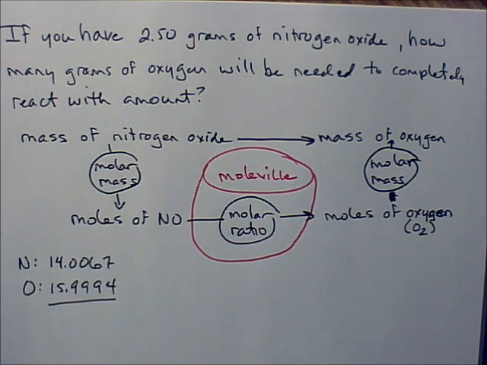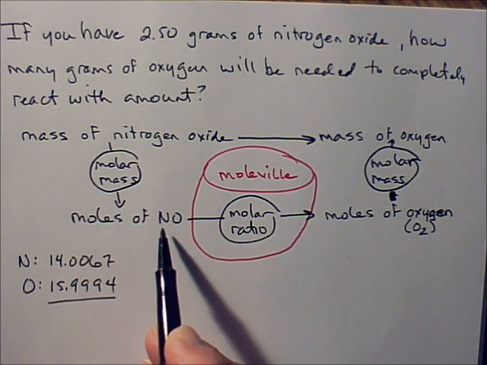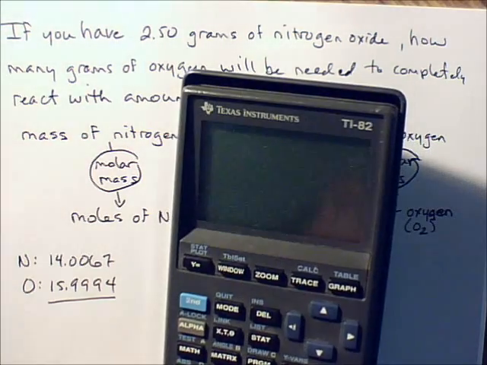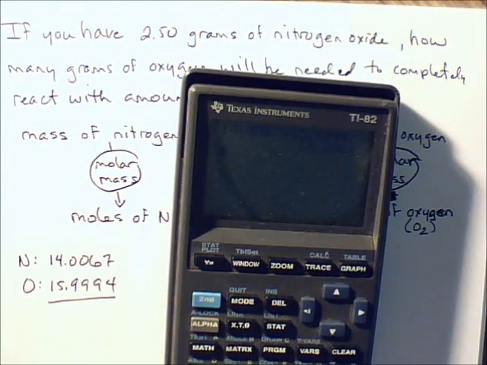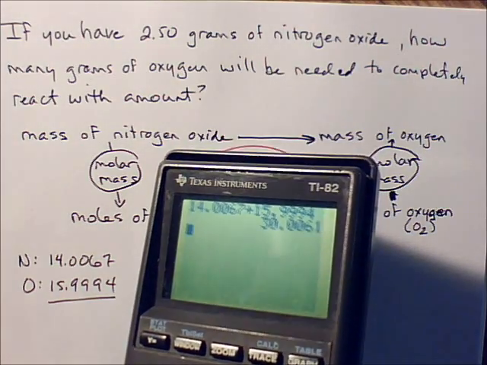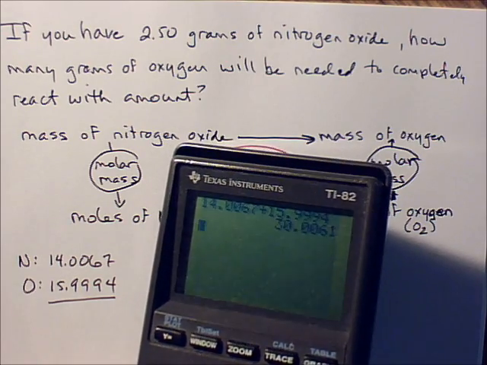It's the sum of all the atomic masses of all the atoms in the formula, and the atoms in the formula are 1 nitrogen and 1 oxygen. Then we get out our trusty calculator and add those together. Looks like I've already added them together from the last class. How about that? 30.0061.